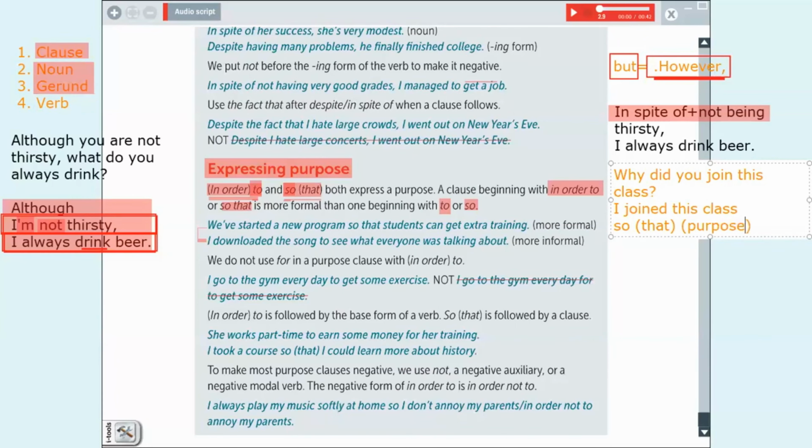So remember that in this one we now include purpose. What was the purpose of joining this class? Okay, learning. Okay. So I joined this class.